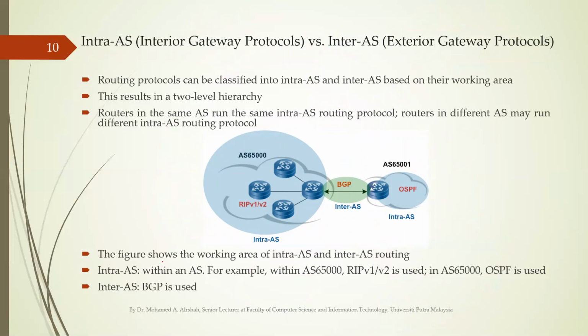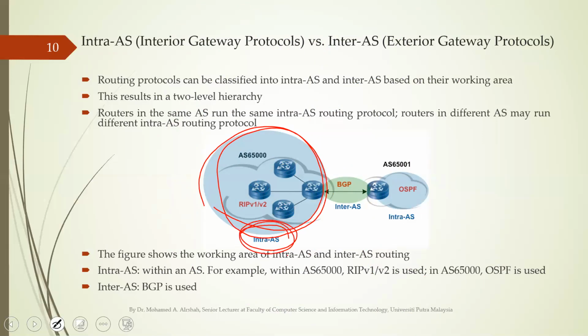This figure shows the working area of the intra-autonomous system and the inter-autonomous system. As you can see, this bubble here shows the area of this router. Where is this router working? And also this area is showing the area of this routing protocol.